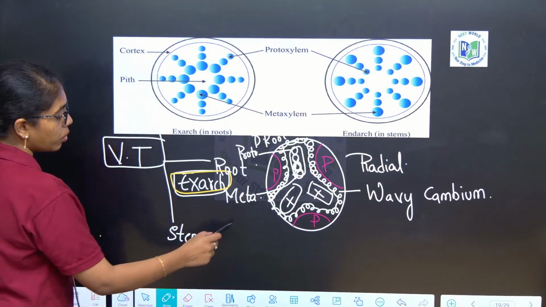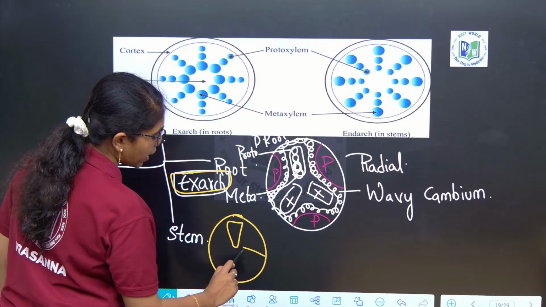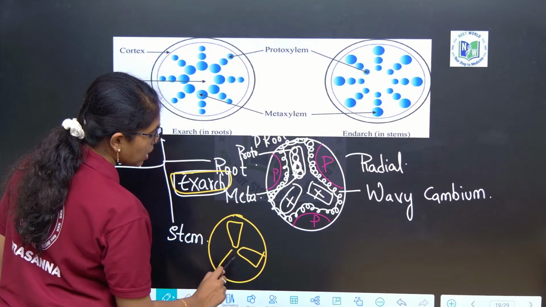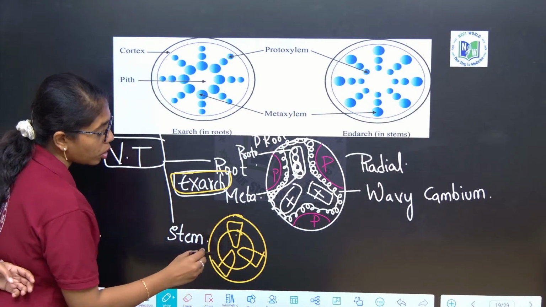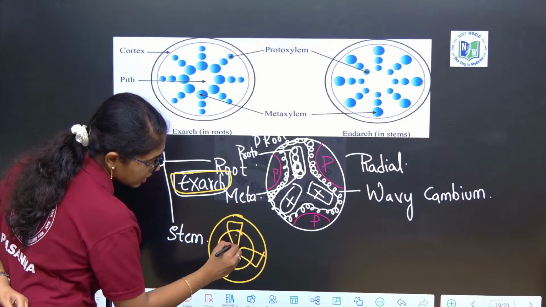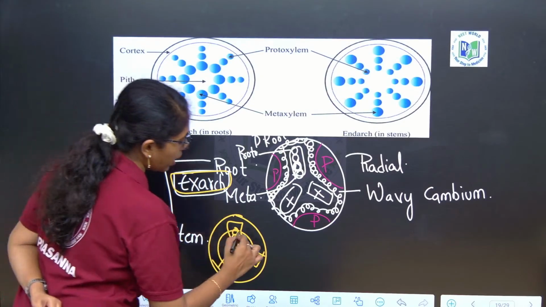In shoot, what is the arrangement? Conjoint and collateral, right? So in this, how are the xylem and phloem formed? The protoxylem is towards the center, metaxylem is towards the periphery. Okay.